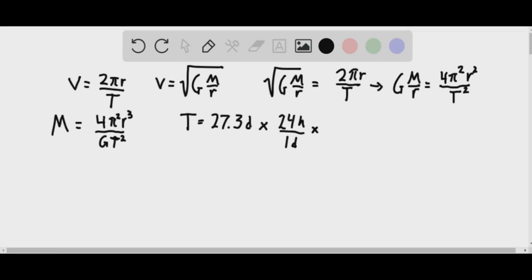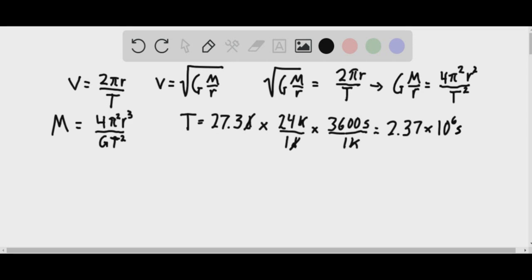There are 24 hours in one day and 3,600 seconds in 1 hour. Canceling out days and hours, we end up with a period for the Moon of 2.37 times 10 to the 6 seconds.